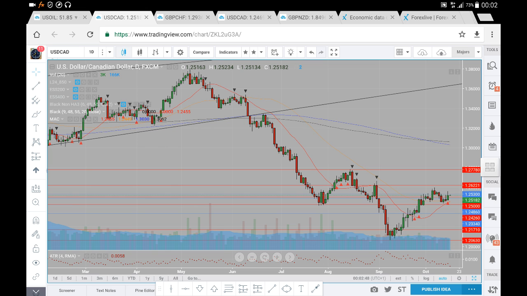Now, we've had a bit of a pullback to the 125 level, and we do appear to be breaking back above the 125.30. So those are all good signs, all positive for the US dollar against the Canadian dollar on the higher time frames, and very supportive of lower time frame bullishness.